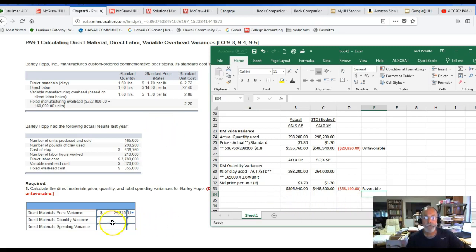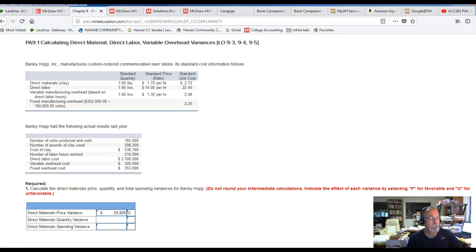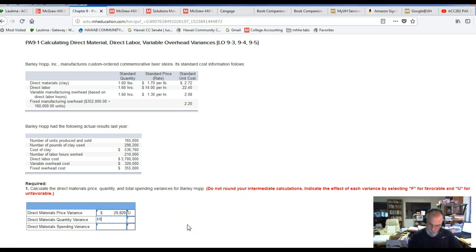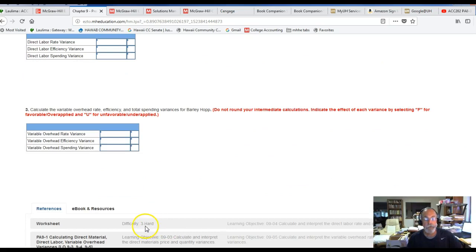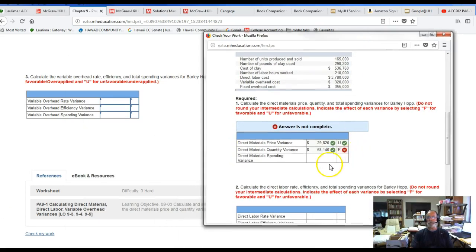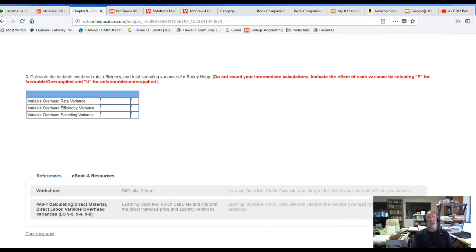Let's see if that works for us. 58,140. Favorable. Not 100% sure here, but let's see if that's going to work for us. Okay, so we're half right there. It is 58,140. However, it is an unfavorable variance.